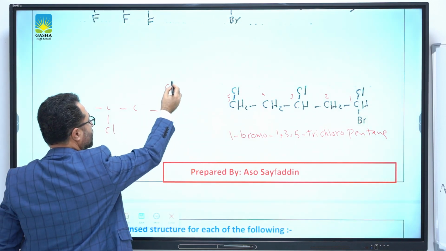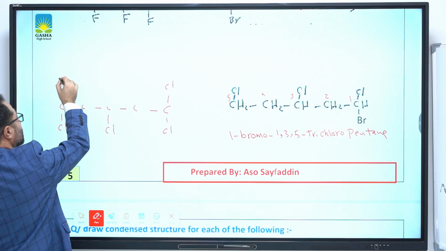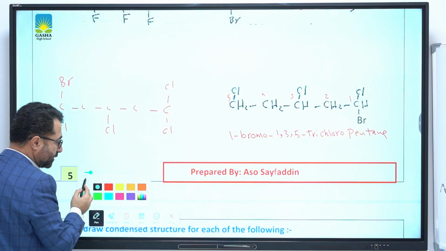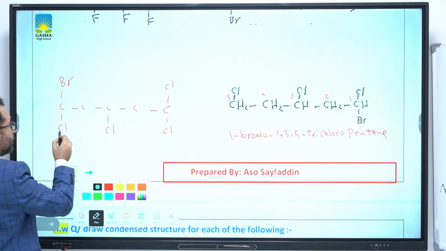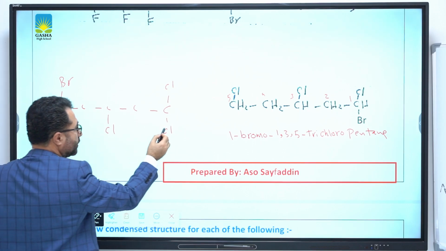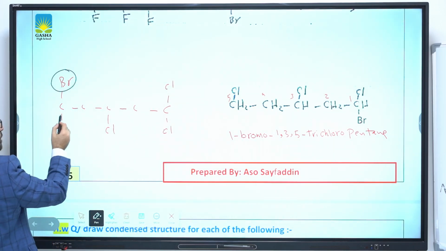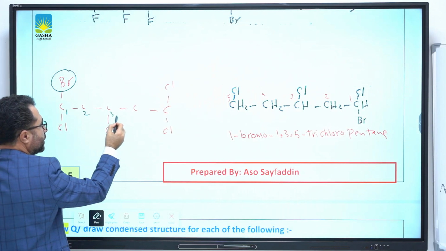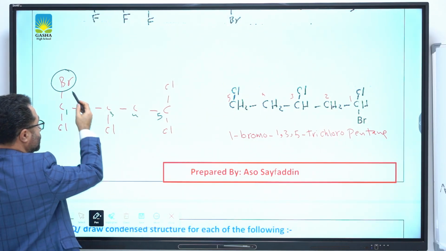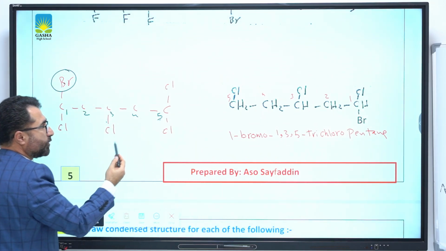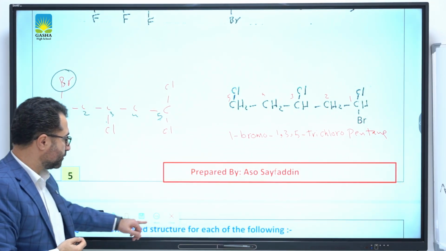But if you have two different halogens here, you have to number from the side that comes first in alphabetical order. So we number 1, 2, 3, 4, 5. It's 1-bromo, 1,3,5,5-tetrachloropentane.